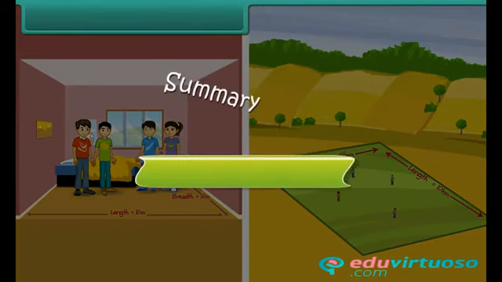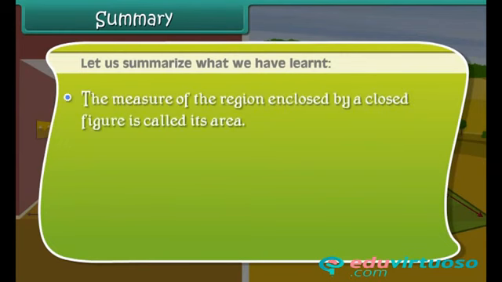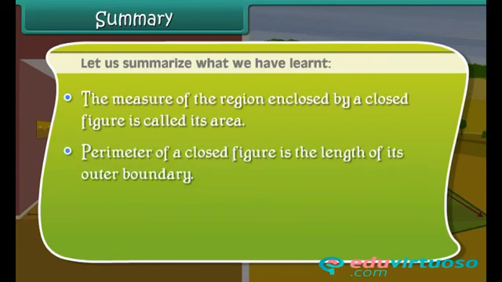Summary. Let us summarize what we have learned. The measure of the region enclosed by a closed figure is called its area. Perimeter of a closed figure is the length of its outer boundary. Area of square is equal to side into side.